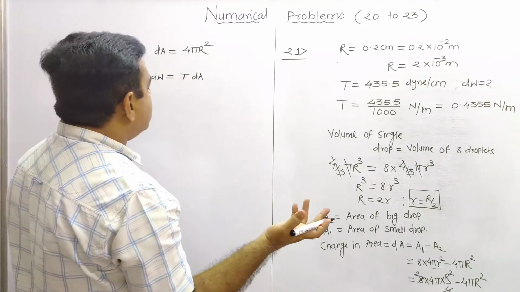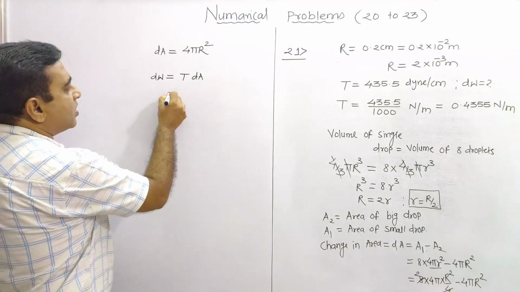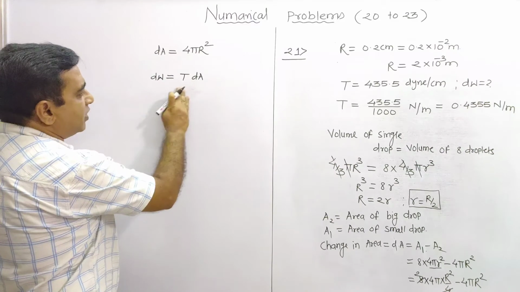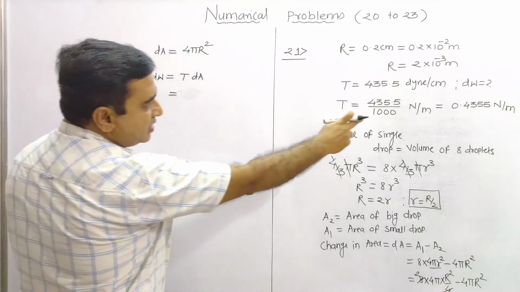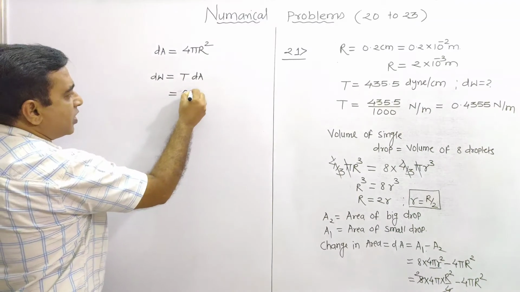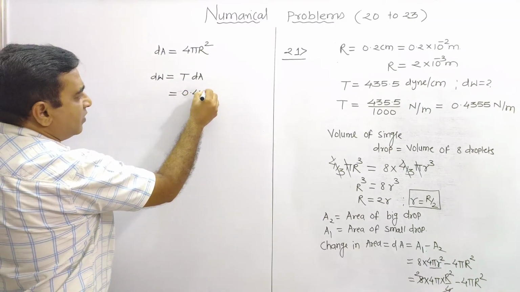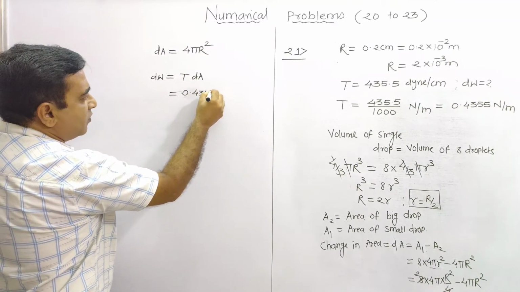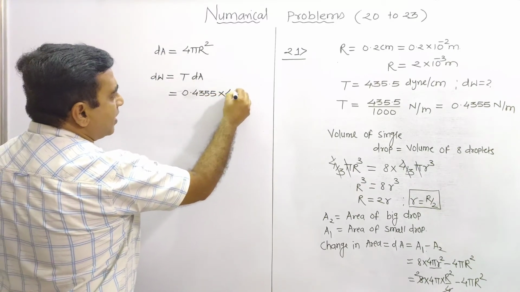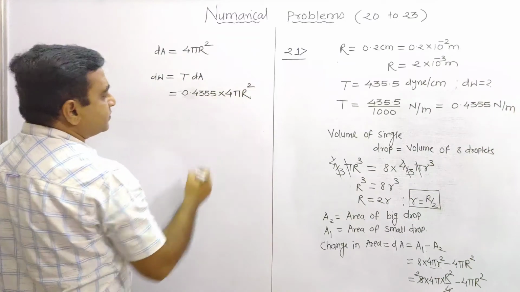But here it is a drop, not a bubble. So T into dA. T we already know, T is 0.4355, into dA, that is 4 pi r square.